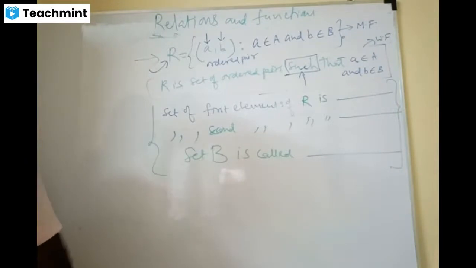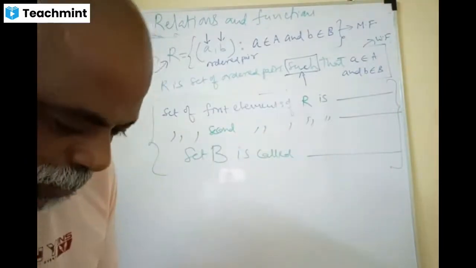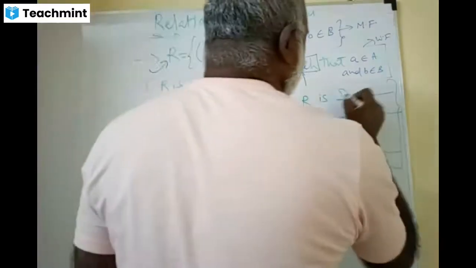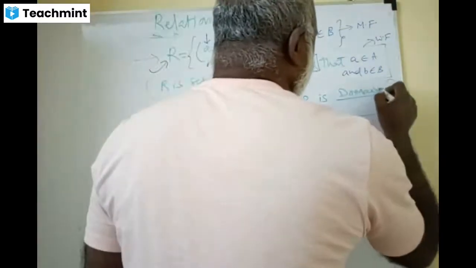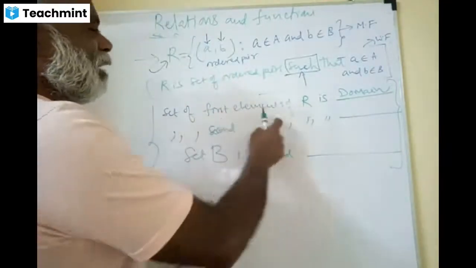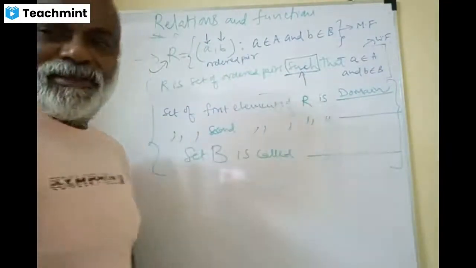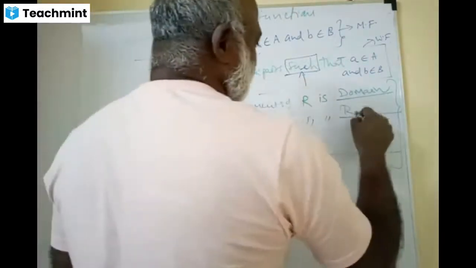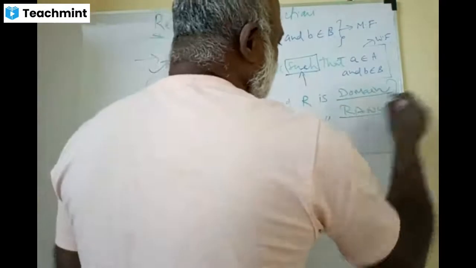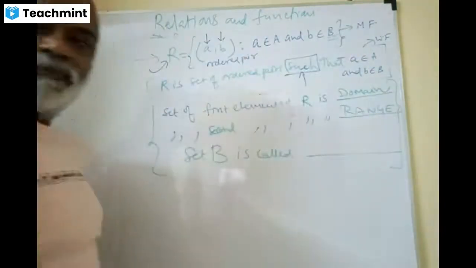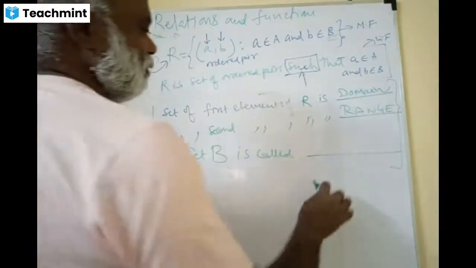Domain, sir. Yes. Brilliant answer. Domain. Very good. What about the second one? The set of second elements of R is range. Brilliant. And what about set B? The second set is called codomain. Brilliant.